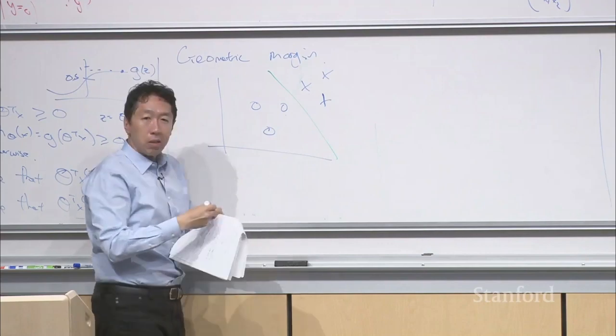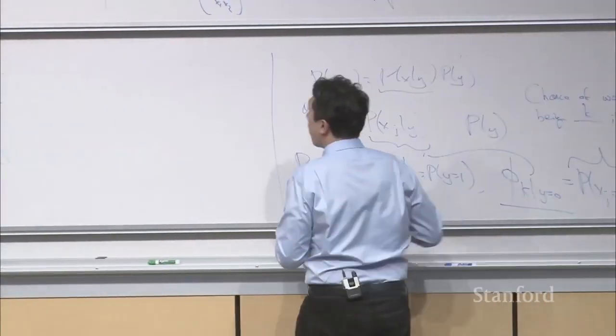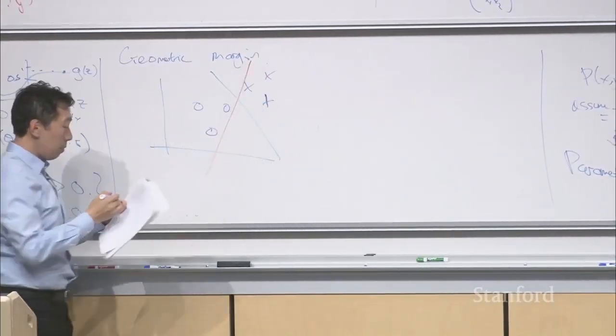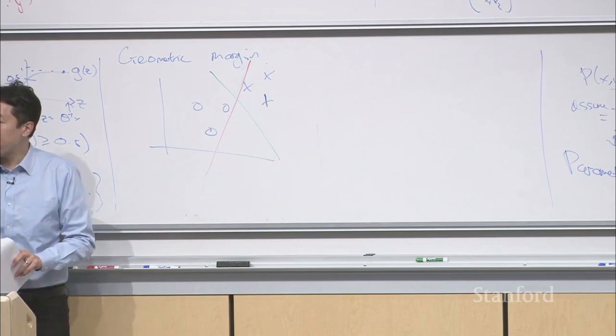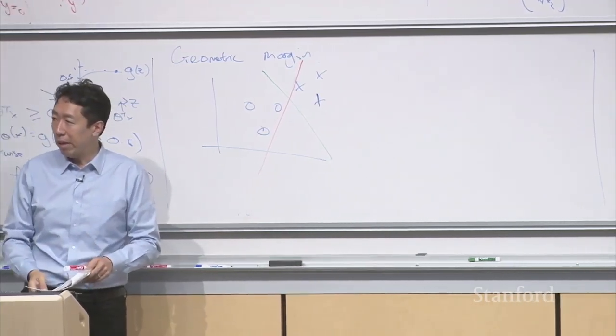That seems like a pretty good decision boundary for separating the positive and negative examples. That's another decision boundary in red that also separates the positive and negative examples, but somehow the green line looks much better than the red line.